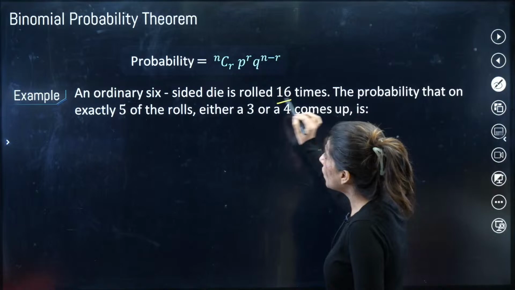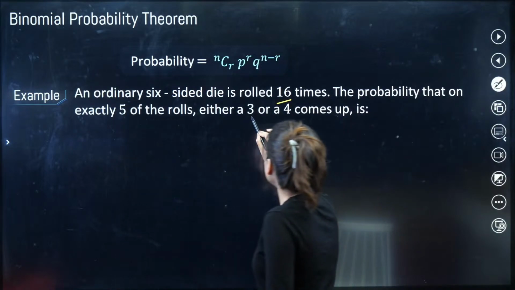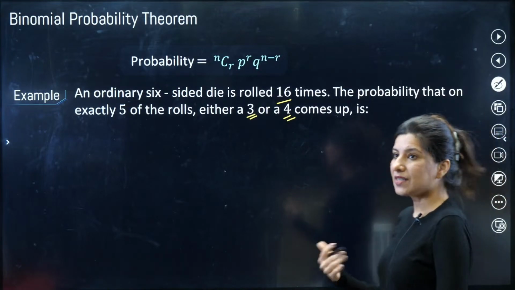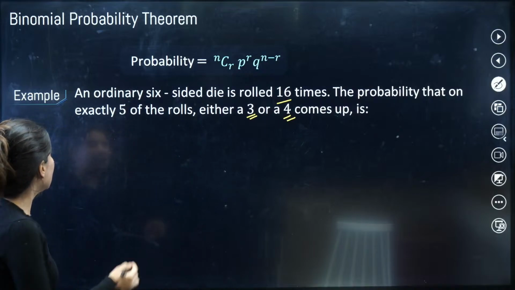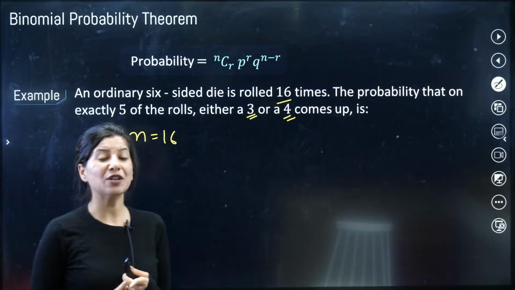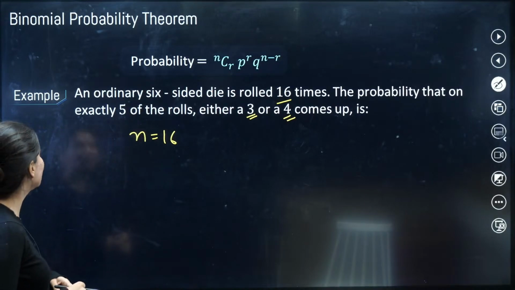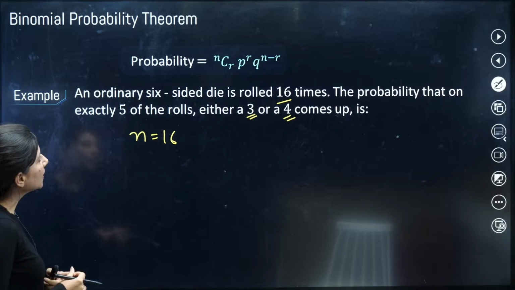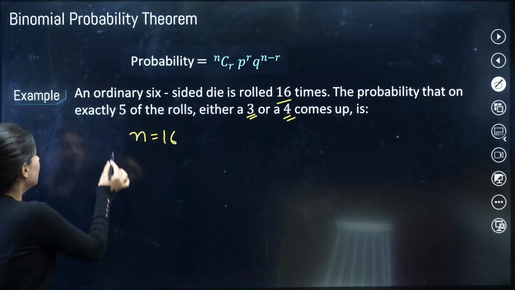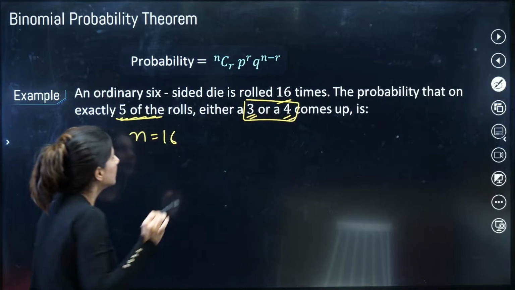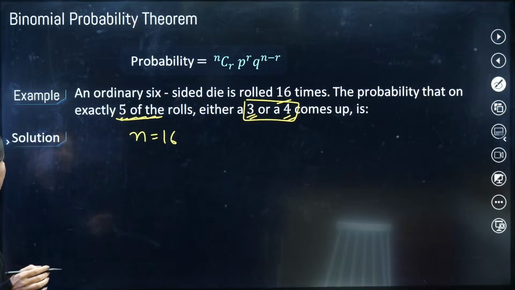What is the probability that on exactly 5 of the rolls, either a 3 or a 4 comes up? 16 times, so n is equal to 16 and it is a 6-sided die. Now we are looking for P and Q, the probability of success and failure. Success is that either a 3 or 4 comes up.